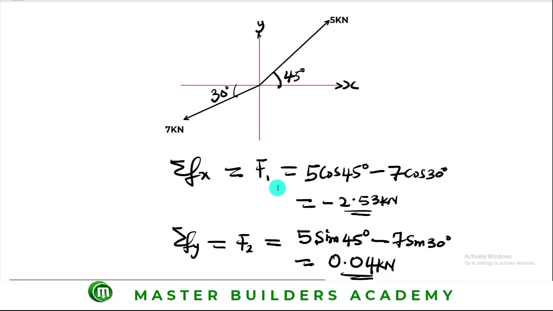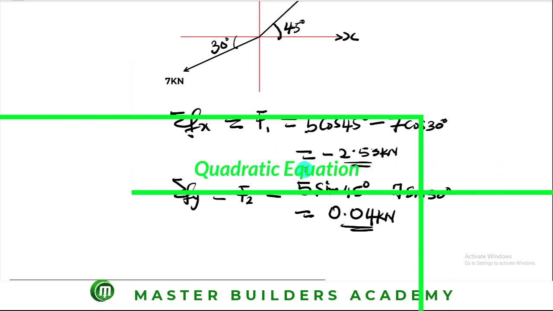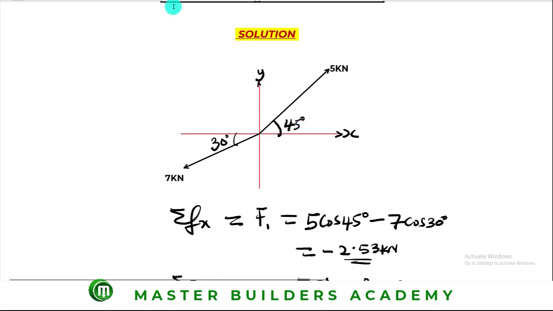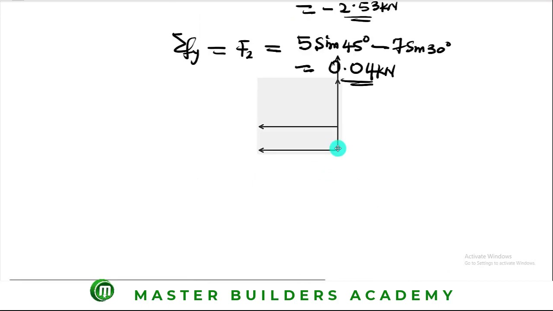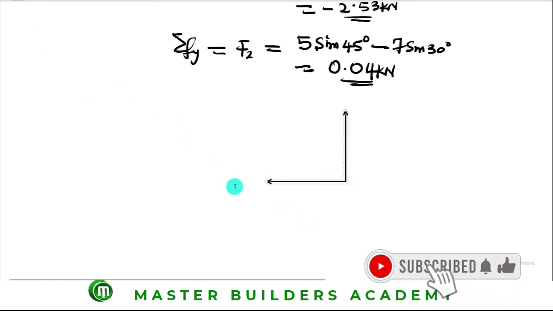All we need to do now is to draw the new sketch for this system. But meanwhile, you understand that F1 is a negative value, which is negative of x, and Fy is what? Positive. That means this force is in the second quadrant. So let's have our shape. Second quadrant. All right. Okay, so this is the second quadrant, as you can see, right?